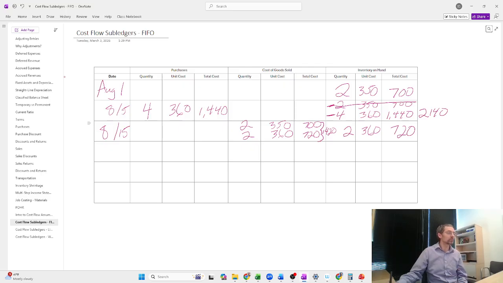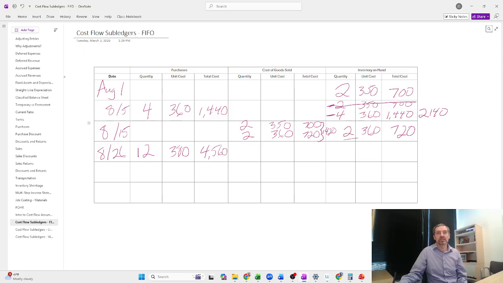All right, we make another purchase on the 26th of August. We bought 12, and they each cost us $380. So the total is $4,560. This was a purchase, so we're going to skip all the cost of goods sold columns, and we're just going to update our inventory.